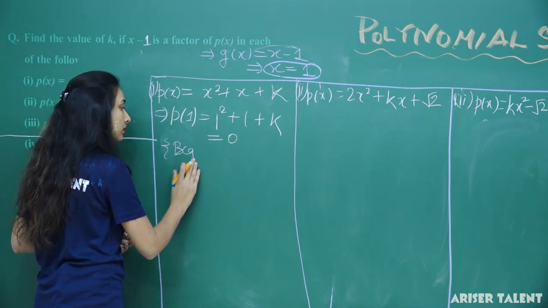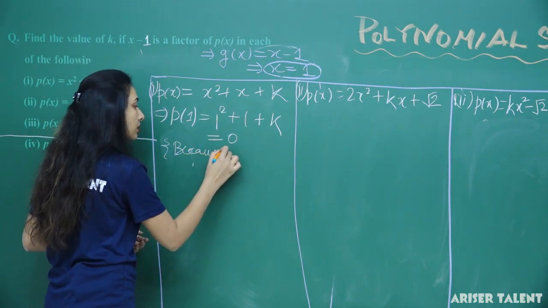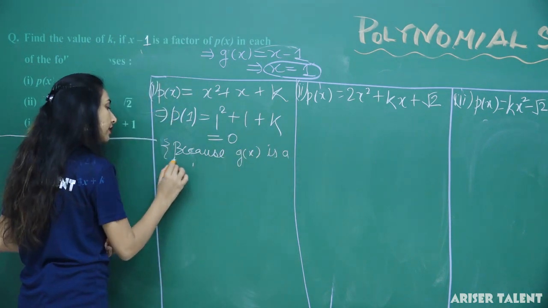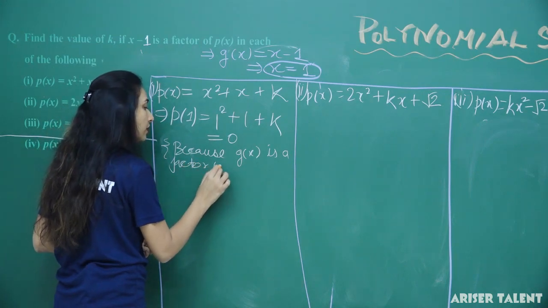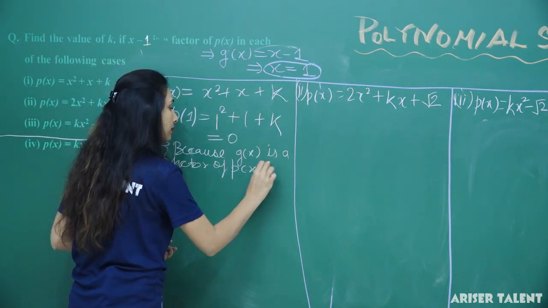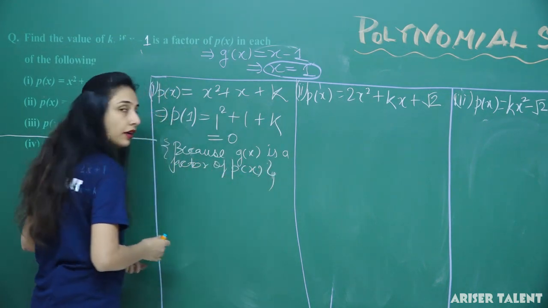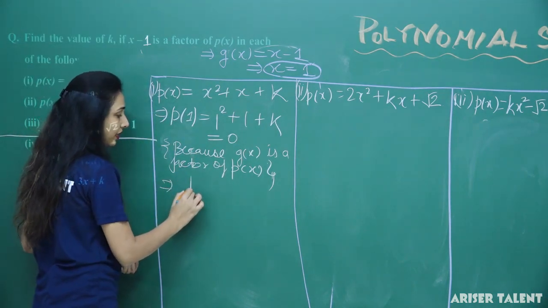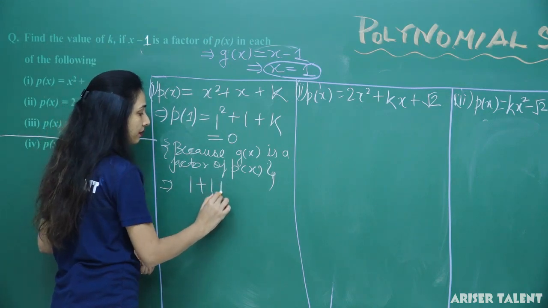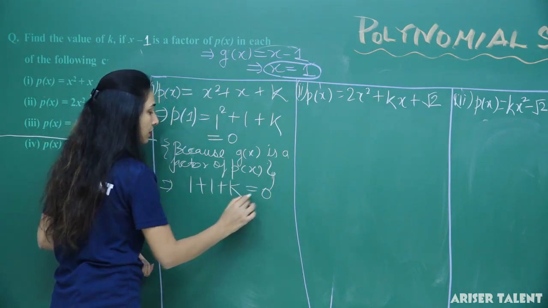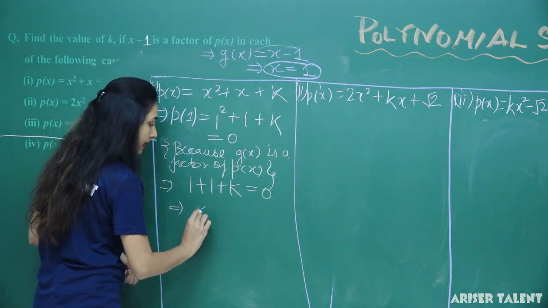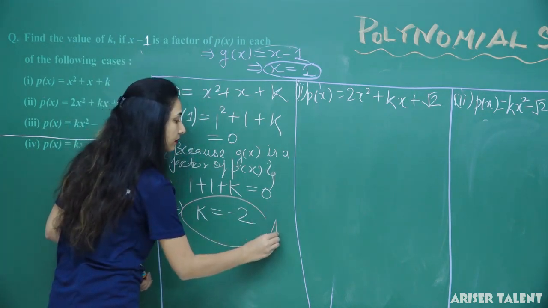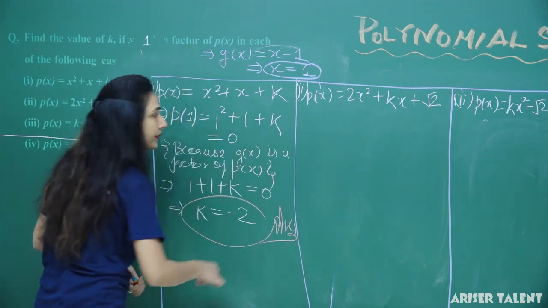Because g(x) is a factor of p(x), so p(1) will be equal to 0. That means 1 plus 1 plus k will be equal to 0, implies k equals minus 2. This is your answer.